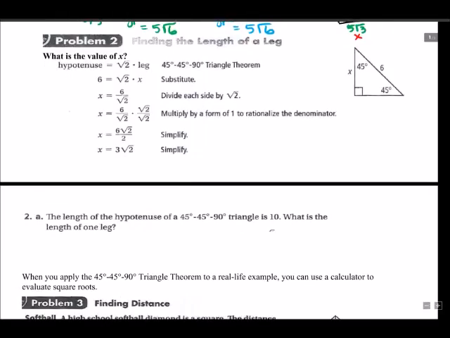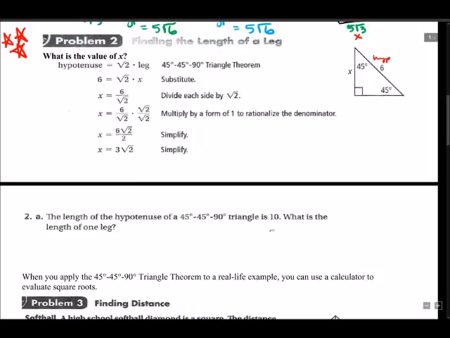This problem here is going to be a very good reference. We are given a 45-45 right triangle, and we are told that our hypotenuse is 6 units long. We want to find the length of a leg.